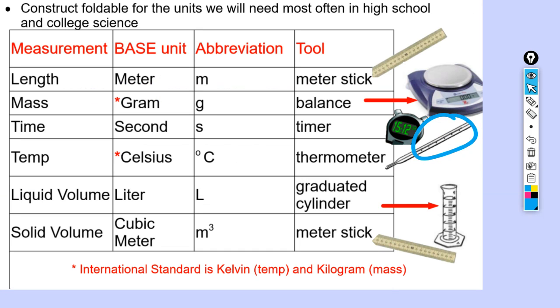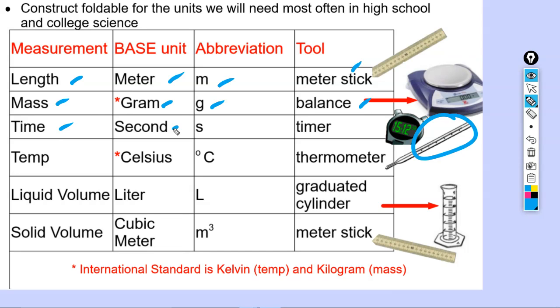So, using that international system, we've got some measurements and some units that everyone refers to by around the world. And you've already looked this up, and I just want to review quickly that length is measured in meters. The abbreviation or symbol for meter is M, using a meter stick. Mass is measured in grams, abbreviated G, using an electronic balance.